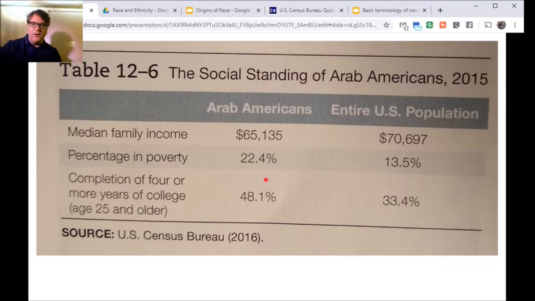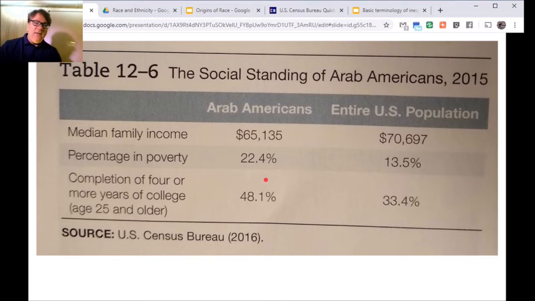Now be careful here. You could take the next step and say, what is it about being Arab? Well, first off, where is this from? Okay, where is the Arab world? The Middle East. Saudi Arabia, Pakistan, Iran, Iraq. Okay, now be careful, right? Who are Arab Americans in the United States?